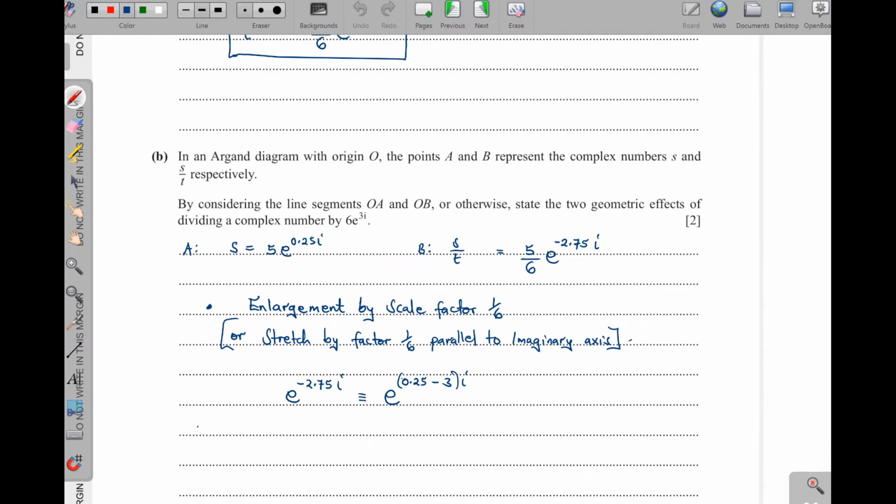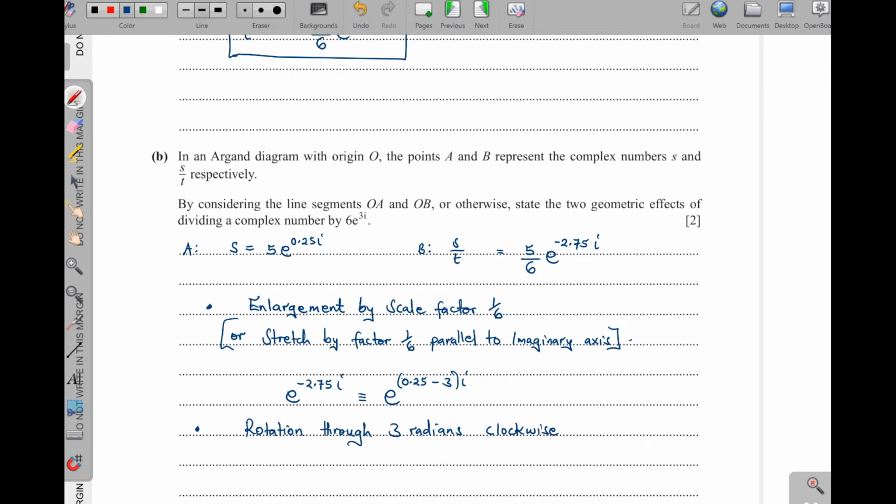I can say here rotation through 3 radians, because the angle reduces by 3. So they are moving clockwise. You get that? By 3 radians clockwise.